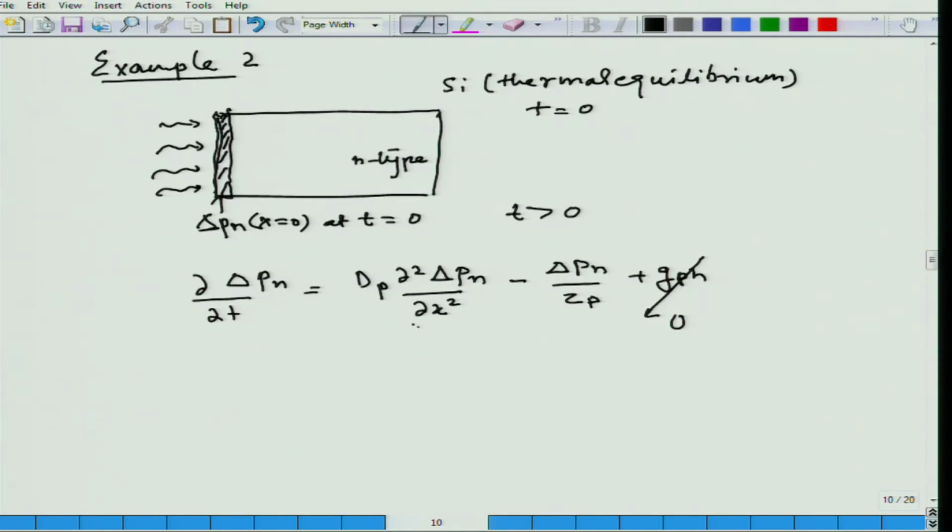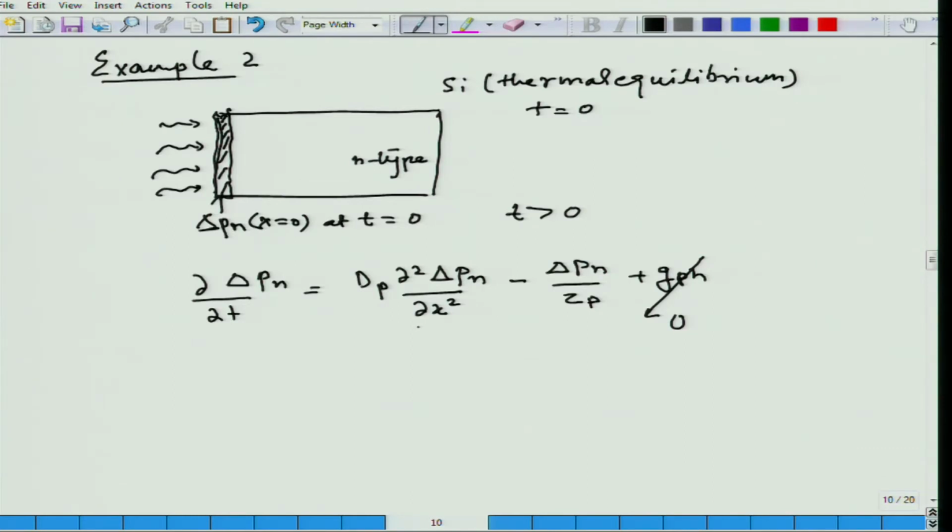This part will not be 0 because as you can see there is already a gradient, there is much higher concentration of holes here compared to the rest of the material, and hence this gradient is going to exist, and this term will of course exist which is due to thermal cases, and this is the solution that I am looking for in solving this particular problem.